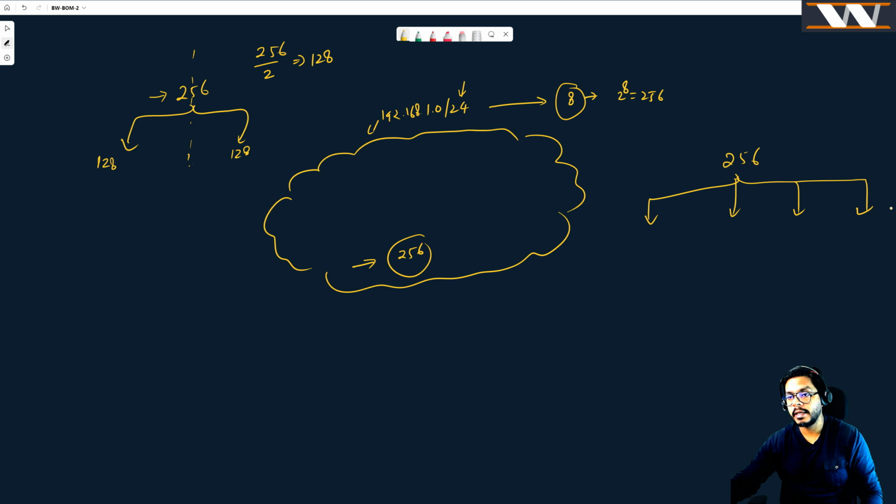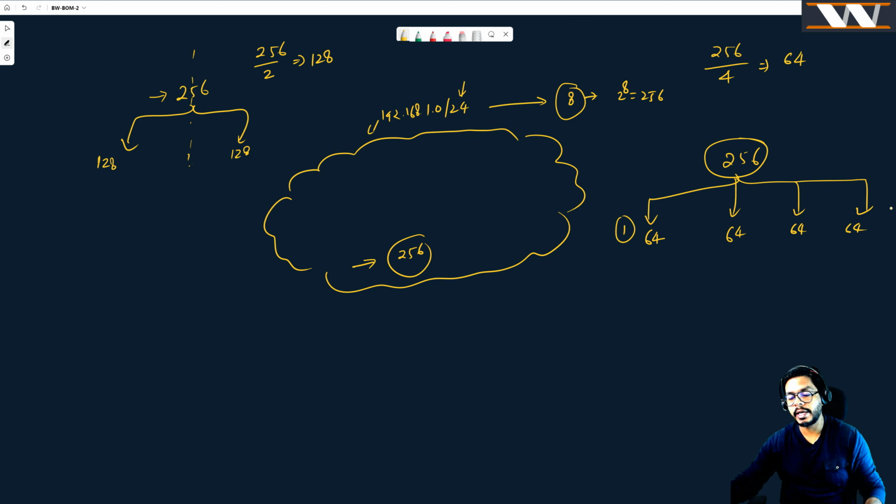The task is to divide these 256 hosts so that we can create four networks. So network number one is going to have 64 hosts. Similarly here 64, because you are dividing 256 into four parts, and the number which comes is 64, right? It is as simple as that.